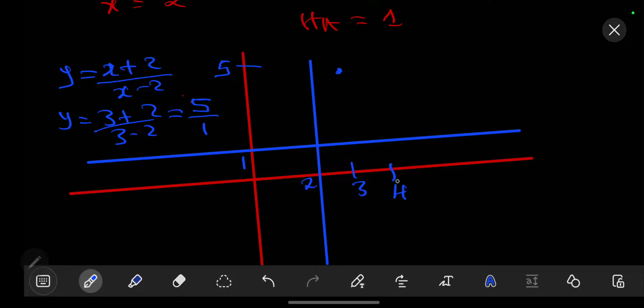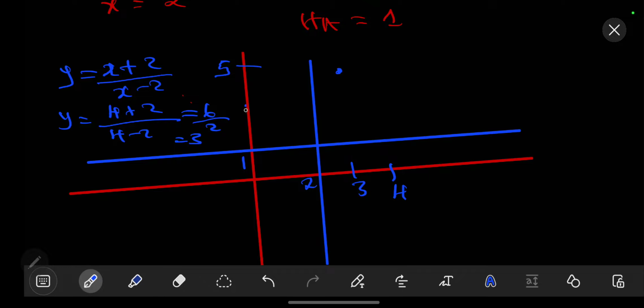Also I have a 4. If I put 4 there, what am I going to get? We have 4 plus 2 over 4 minus 2, which is equal to 6 over 2, which gives us a 3. So you will realize that as I move to the right, my value will be decreasing.